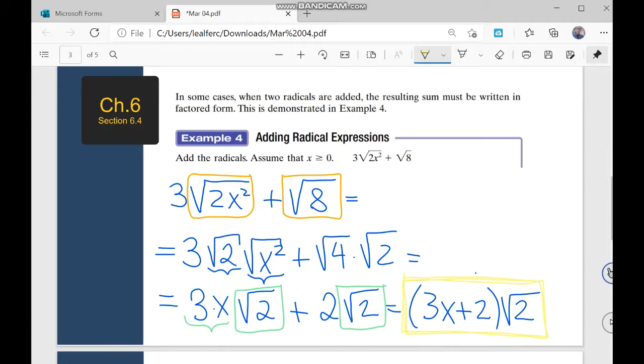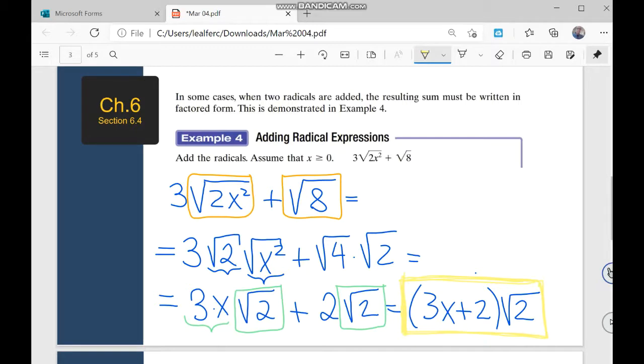And I think this is one of the hardest questions you will find, because it involves lots of pieces of knowledge that we worked on and we now have to put together. Look, we need to simplify the radicals to find the like radicals. We need to work with variables and numbers.